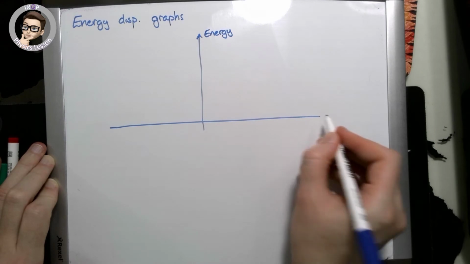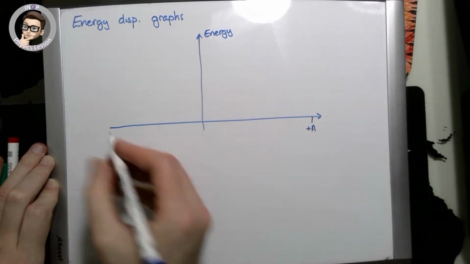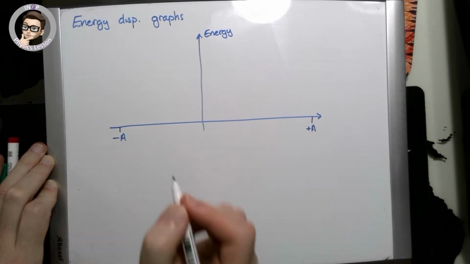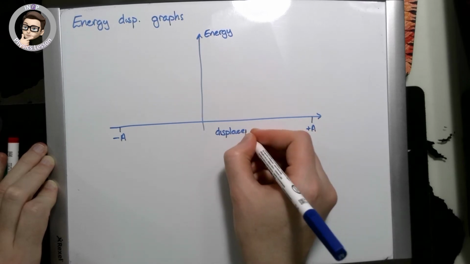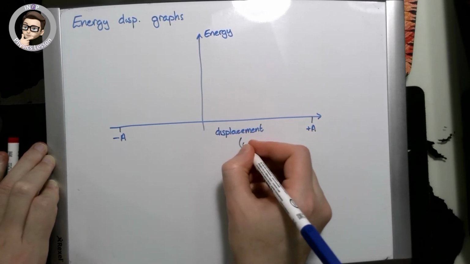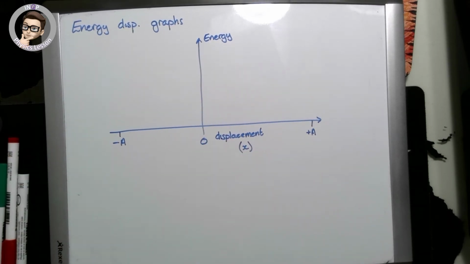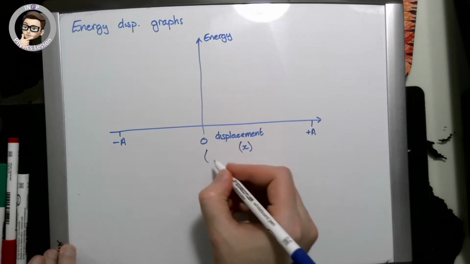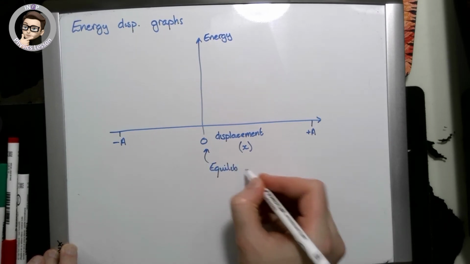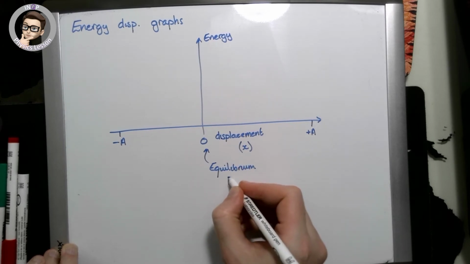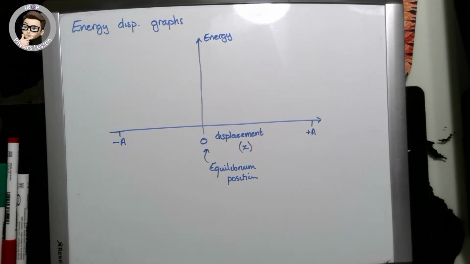And along the x-axis, we'll have plus a, and we'll have minus a, because this is obviously the displacement. We'll call that x, and obviously in the centre we've got 0, so 0 being our equilibrium position, and then we've got our maximums and our minimums.